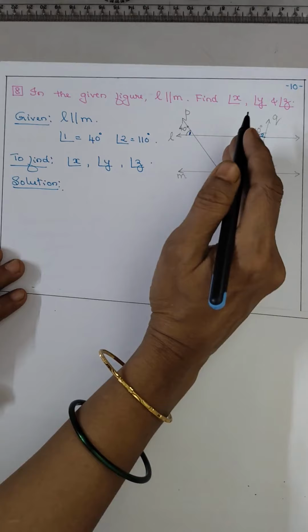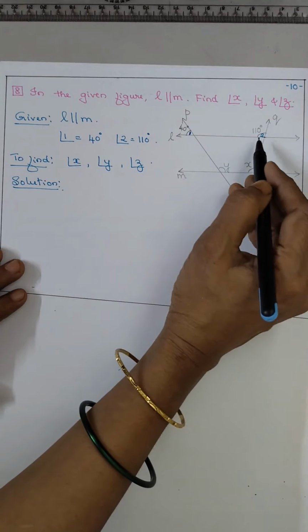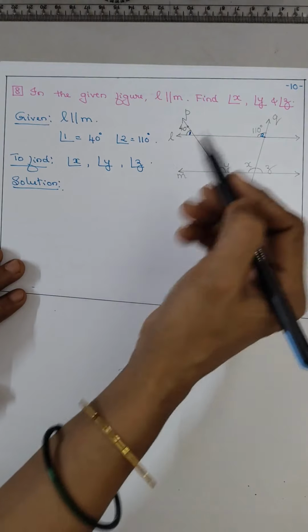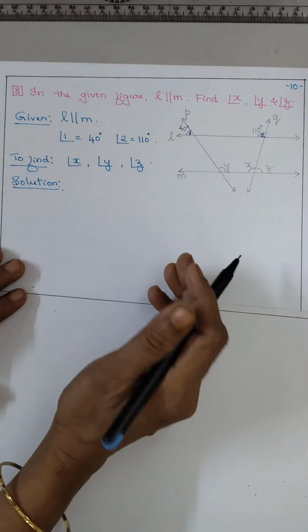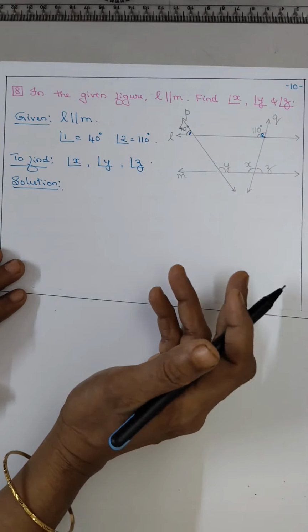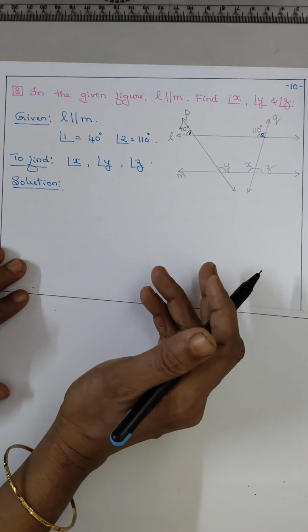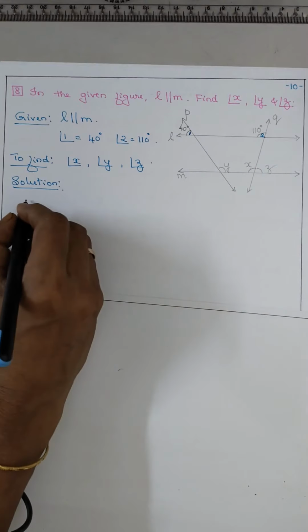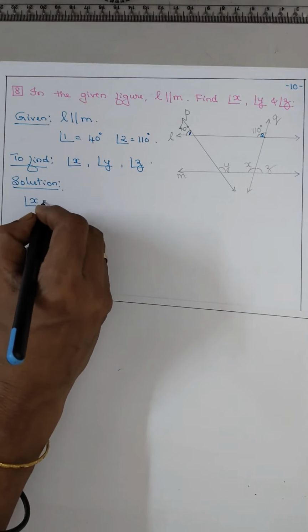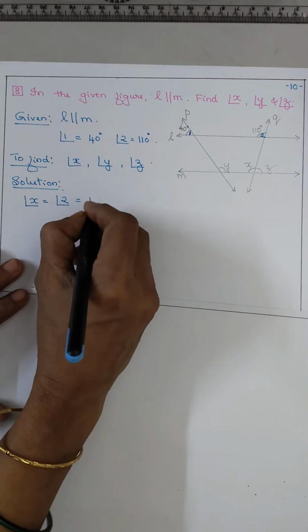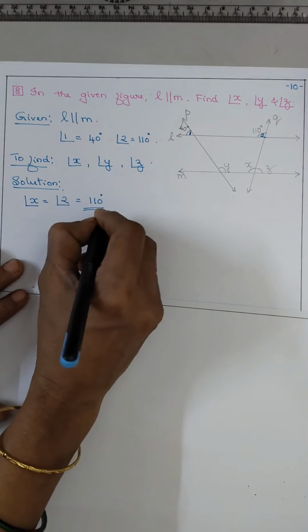On the same side of the transversal, above the lines, which type of angles? Corresponding angles. So first we will write angle X is equal to angle 2 is equal to 110 degrees.